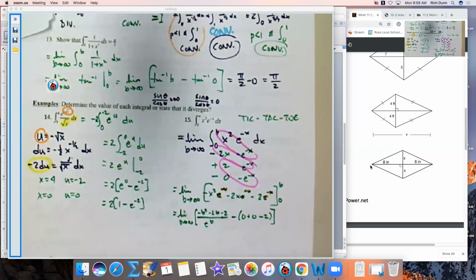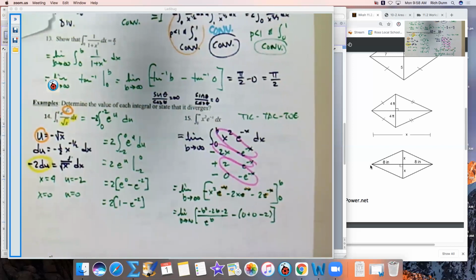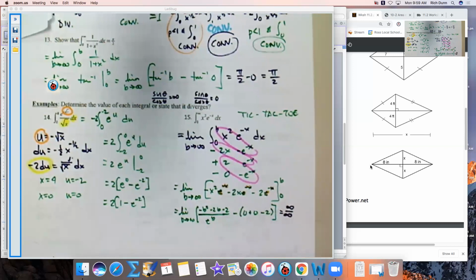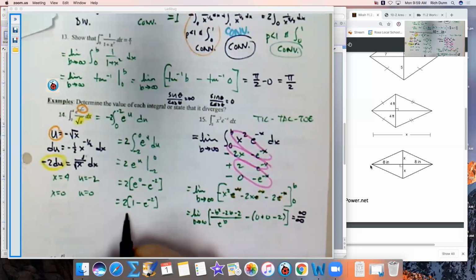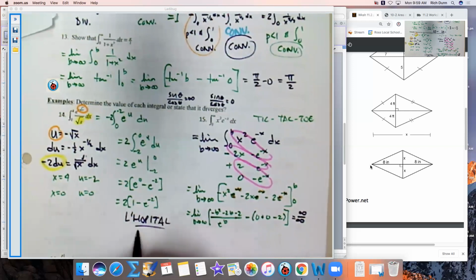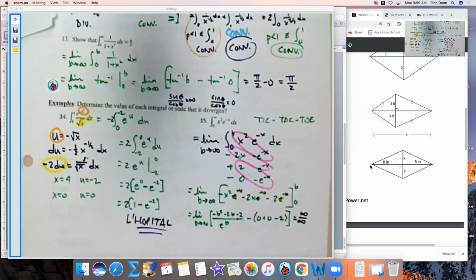Now, as I look at this, I can see that this guy, e to the b, is going to go to infinity. B squared minus 2b minus 2 is also going to go to infinity. So this is going to result in an infinity divided by infinity, which means our good old buddy, L'Hopital, is going to come into play.